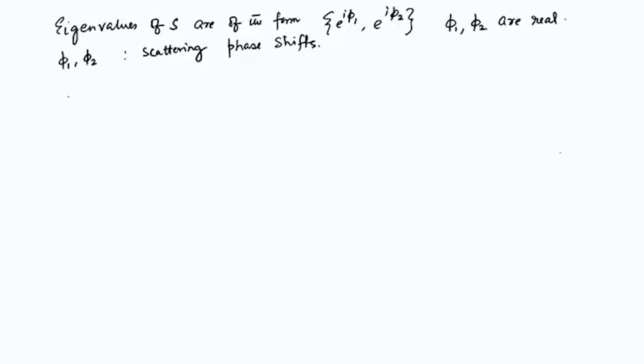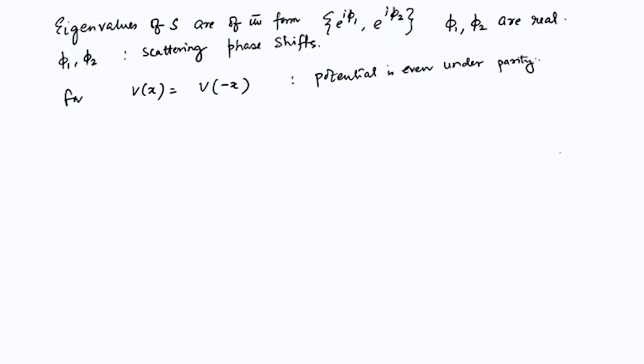Okay, so let us assume that for a given case, V of x equal to V of minus x. This means that the potential is even under parity. So what does it mean?